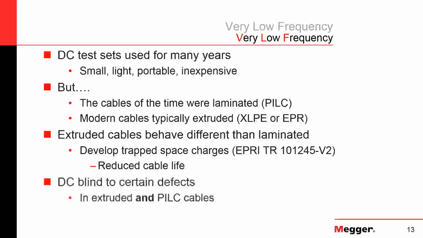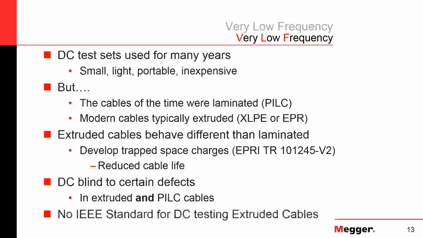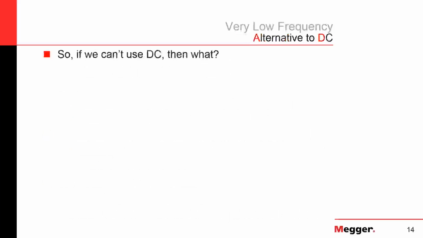The other reason is there's research out there showing that DC testing is blind to certain defects in both types of cable, extruded and laminated cables. So it harms extruded cables and it can't find all your defects. So because of that, there's no IEEE standard for DC testing on extruded cables. In fact, IEEE 400.1 goes out of its way to specify that it's only applicable to laminated cables.